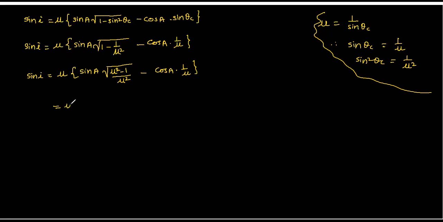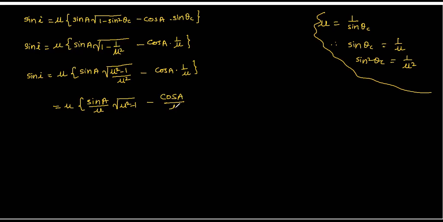I am taking mu square out of the square root, so I will get sine A divided by mu under root mu square minus 1 minus cos A by mu.